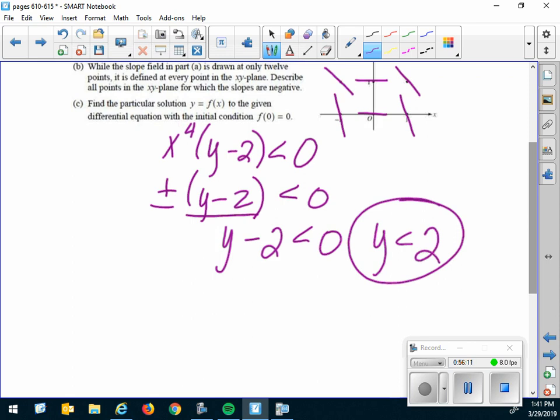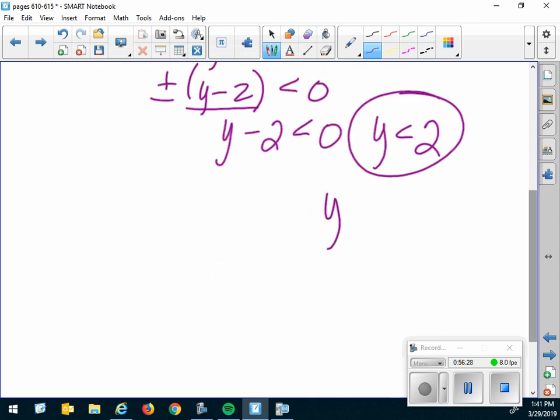It would be all points with a y value less than 2. Except when x is 0. Yeah, good. Except when x is 0. So we better say it this way: y is less than 2 provided x is not equal to 0.